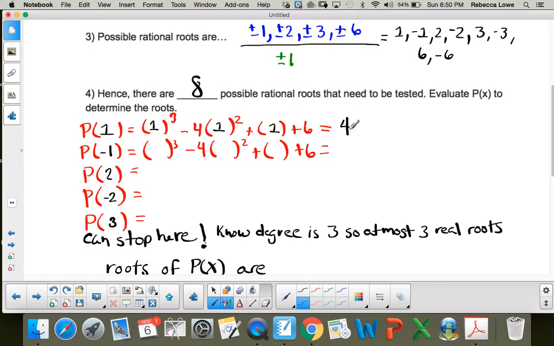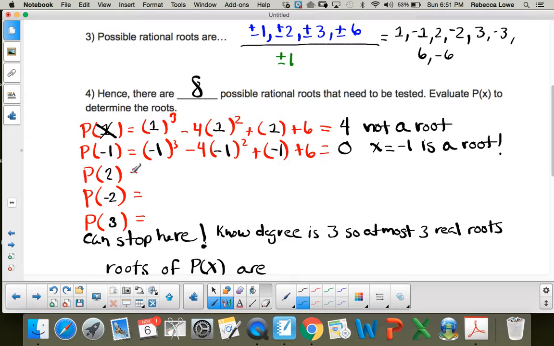Well, we're looking for it to equal 0, so this is not a 0. It's not a root. Don't have to worry about 1. I do the same thing for -1. I plug it into the function, I evaluate, and I happen to get 0. That means that x equals -1 is a root. It is a solution to p of x.